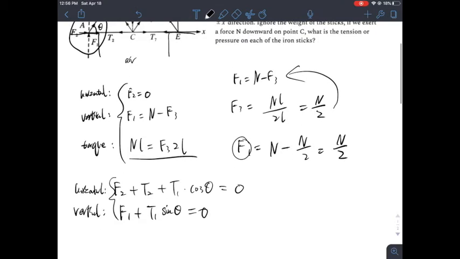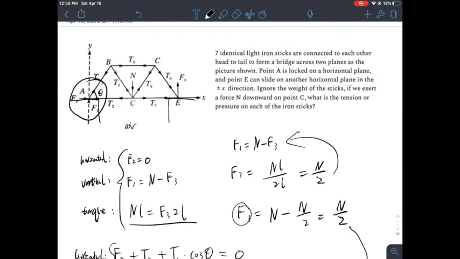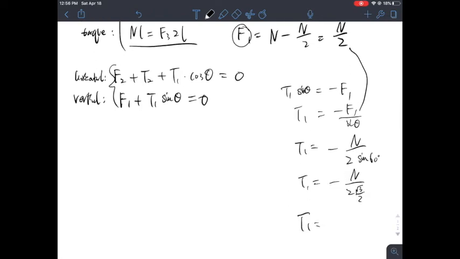Then we try to solve it. From the vertical equation, we know that T1 is equal to negative F1 divided by sine theta. We know F1 already, it's N over 2. And theta is actually equal to 60 degrees because we have 3 identical sticks forming a triangle, so it has to be 60 degrees.